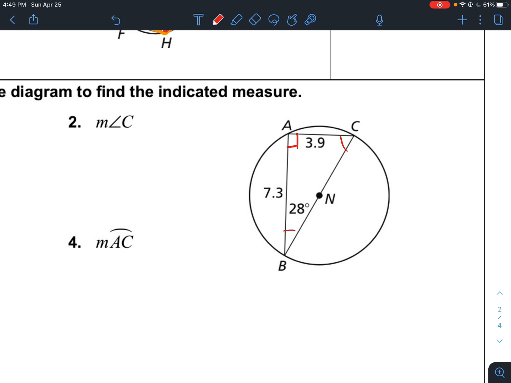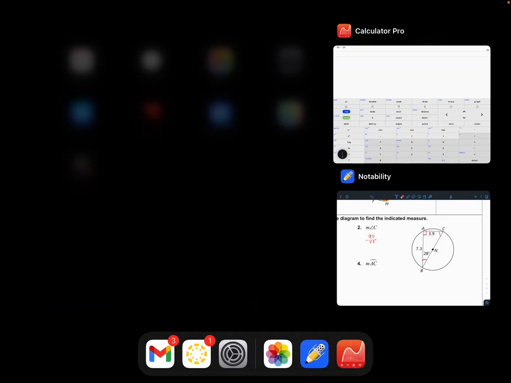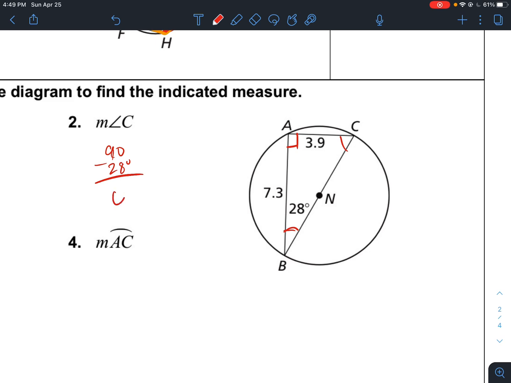All the angles here have to add up to 180, and since this is 90, that means angle C and angle B have to be complementary. So let's take 90 and subtract 28 degrees from that. So 90 subtract 28, and I get 62 degrees. So that right there is the measure of angle C.